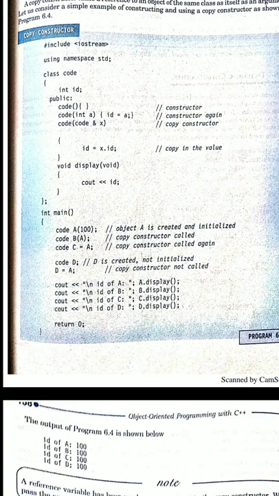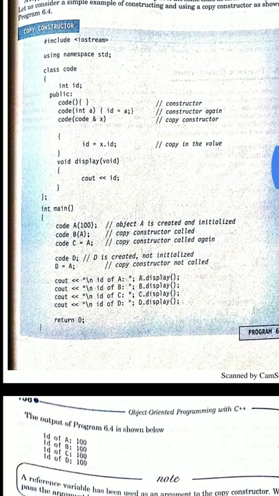So object a is created and the constructor is invoked. Which constructor? Code(int a), because we have passed one value. This 100 will be assigned to a, and that value will be assigned to id. So the value of id will be 100.